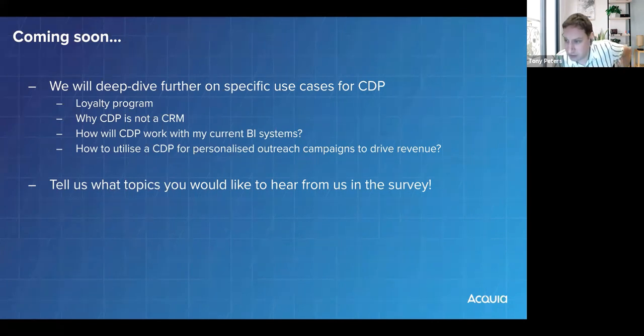Another question is, when I use the CDP, does it mean I have to always push it to the destination platform? If so, what are the other use cases? You don't have to. You can still use the individual execution platforms and do the segmentation and things in there, but it's going to be much more efficient and using that data on tap if you use that CDP to take that data and push it in.